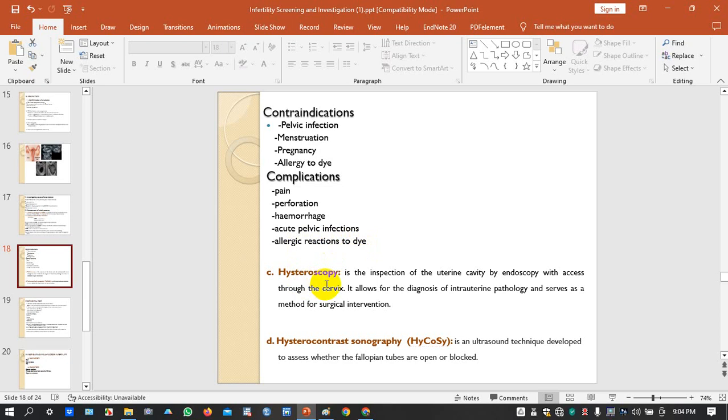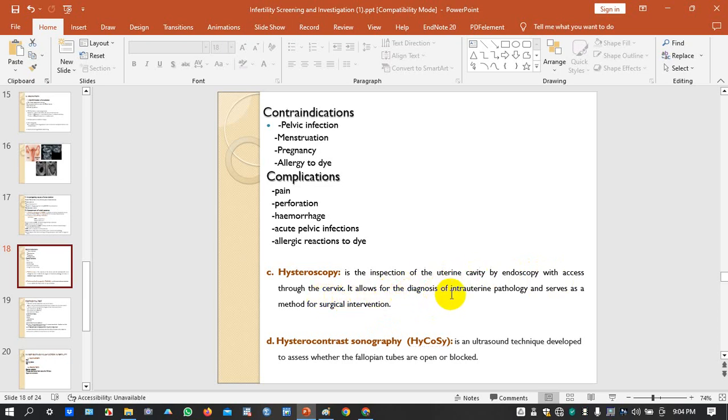Another procedure that can be done to solve infertility problems in women is the inspection of the uterine cavity by endoscopy. You know, we do endoscopy for duodenal ulcers, but we can also do endoscopy with access through the cervix to visualize the uterine cavity.